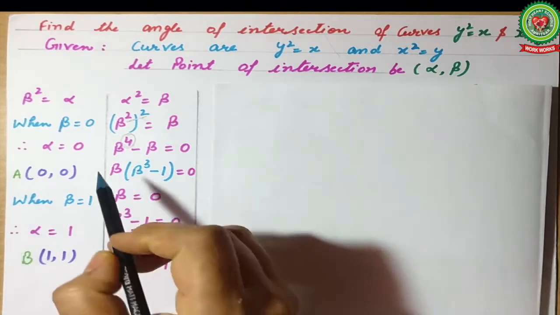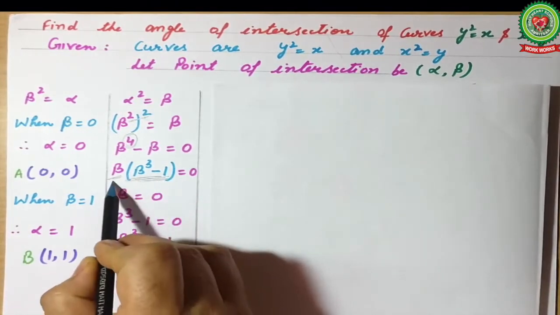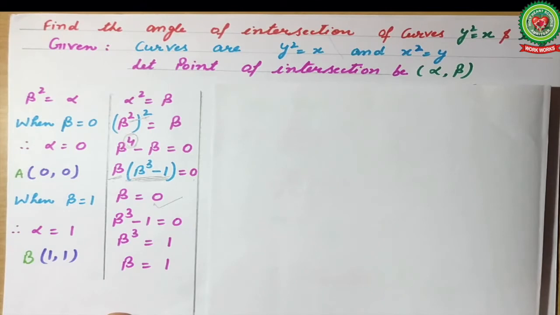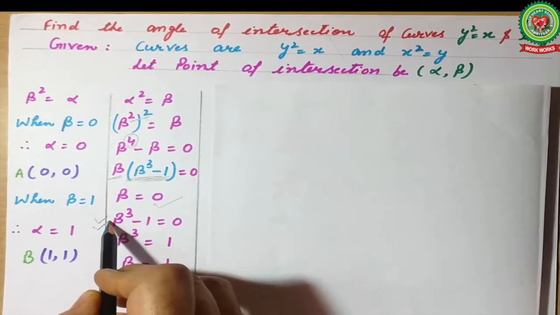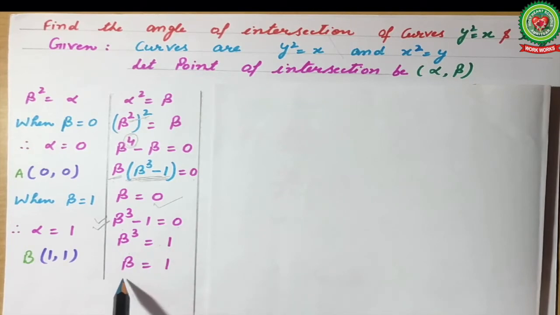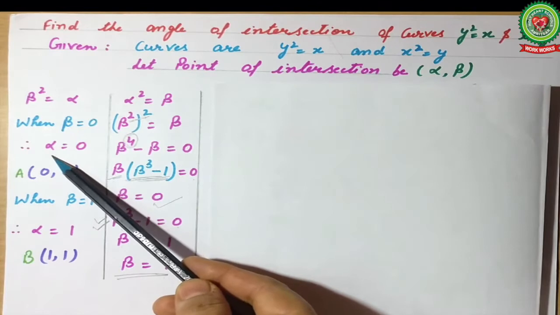Now, taking each factor, when beta is equal to 0, its value is 0. That is one point. When beta cube minus 1 is equal to 0, by solving, you get beta is equal to 1. With the help of this beta, you put it in the equation and find the value of alpha.